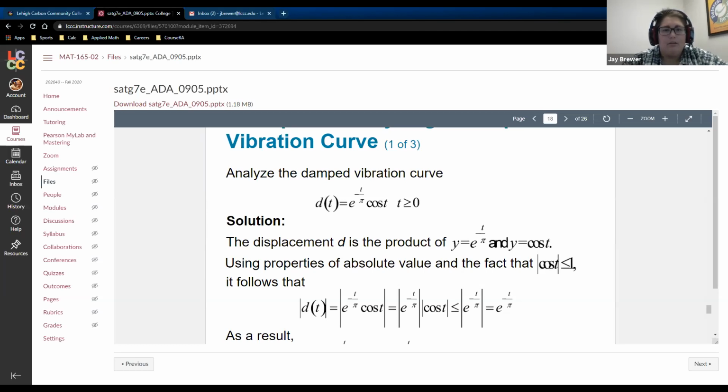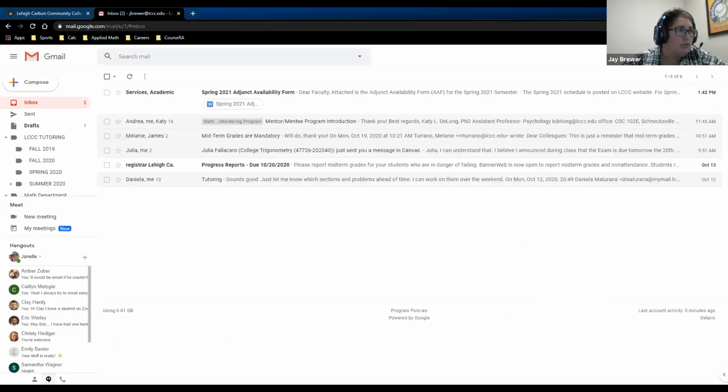All right. For example 3, we're analyzing a damped vibration curve. You want to analyze the damped vibration curve. They give it to you. We're just going to focus on the PowerPoint because I just don't think I would be neat enough to do it in the whiteboard.